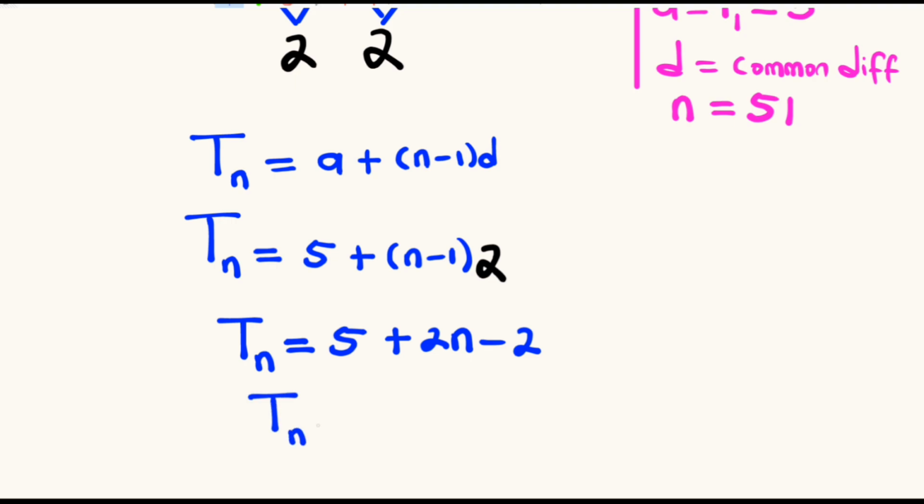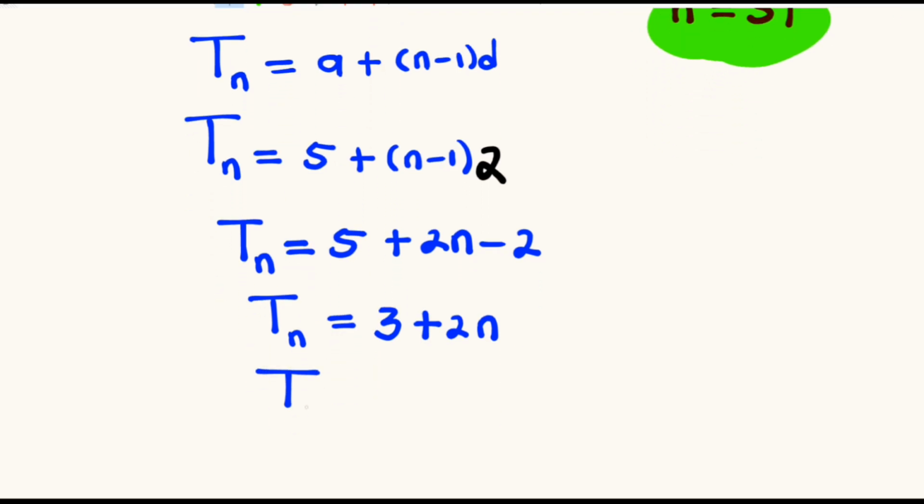Our Tn will be equal to, so the 5 minus the 2 will be equal to positive 3 plus the 2n. So now where there is n, we are going to substitute 51.